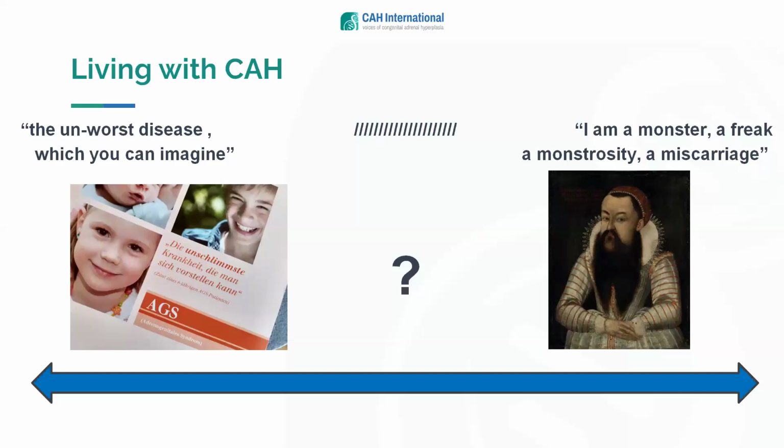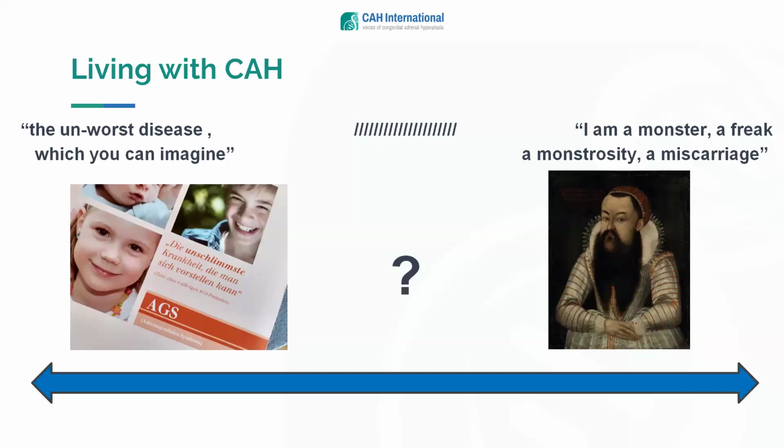I chose those quotes and pictures because they show the variety and the extremes of living with CAH. On one hand, I have this quote from German educational material from the German CAH group.